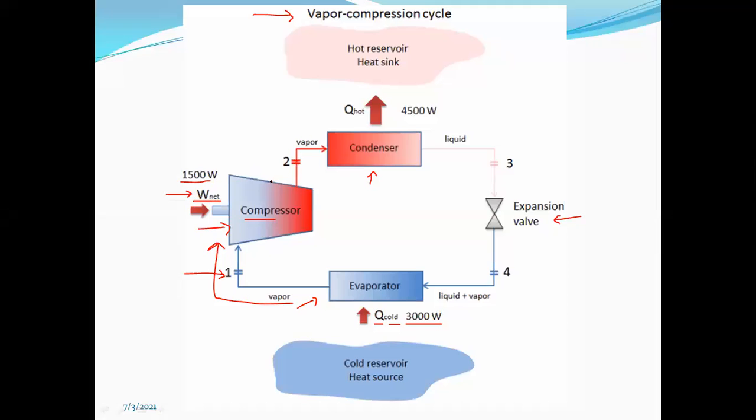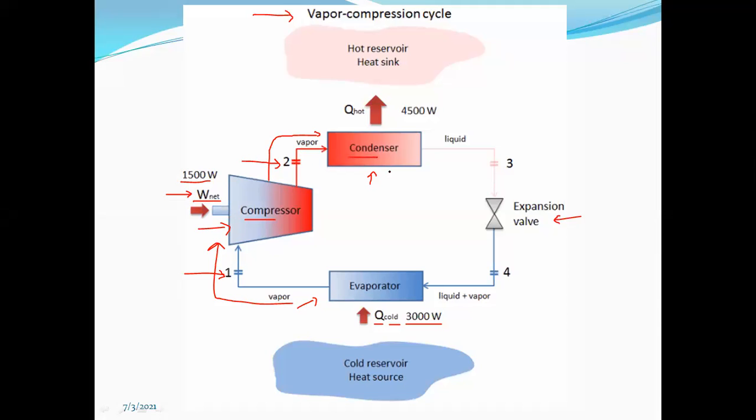Then the compressed vapor is taken inside the condenser. Again I have written over here vapor. The second valve is another valve through which the vapor is taken inside the condenser.